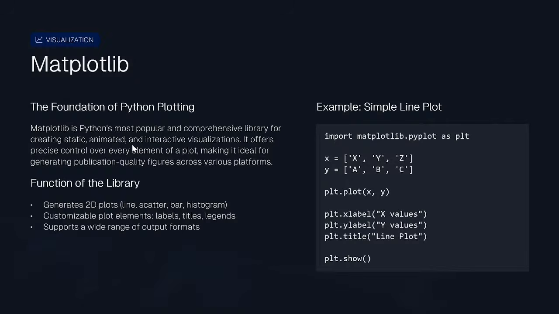In that, we can customize the labels, titles, and legends of the graphs. And it supports various types of output formats, like we can print the output in PNG, JPG, or download it as PDF any way we want. So basically, this is a library that helps in visualizing whatever I give it. Let's see an example.